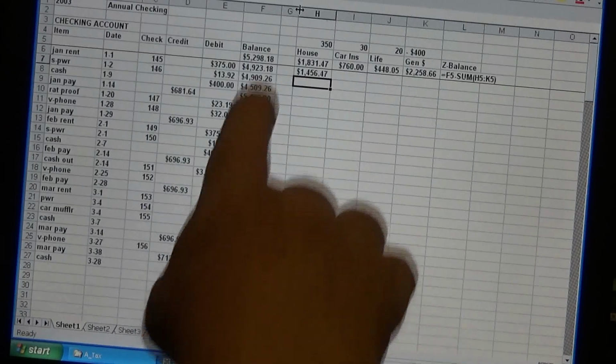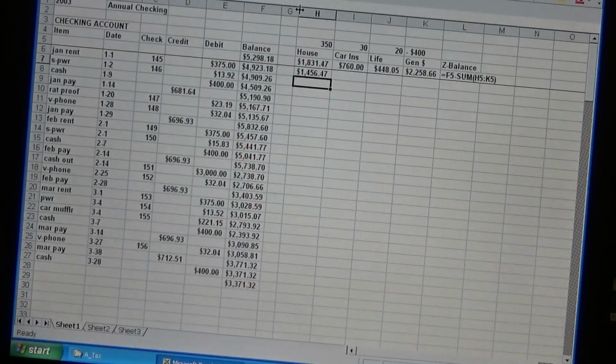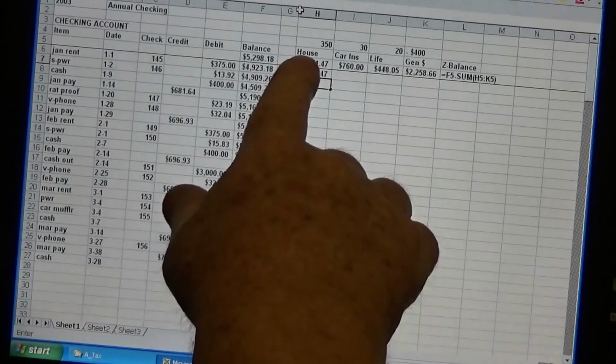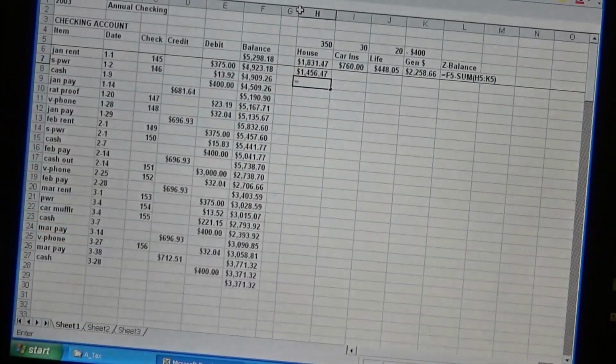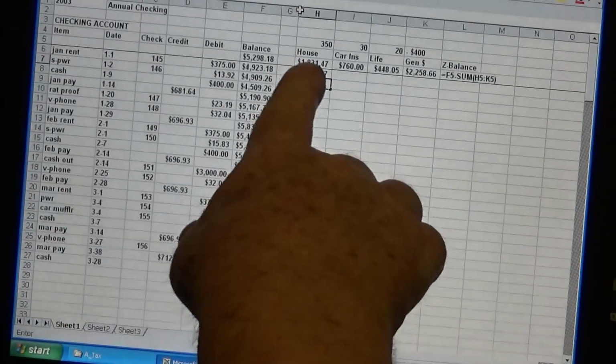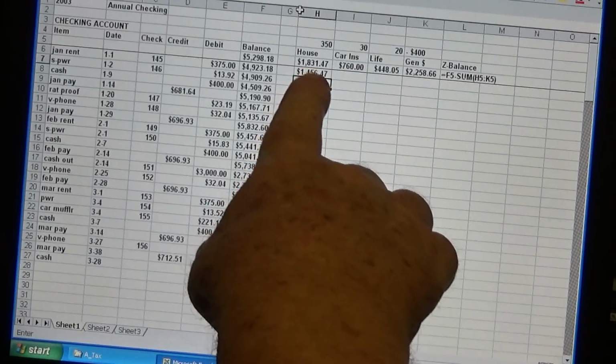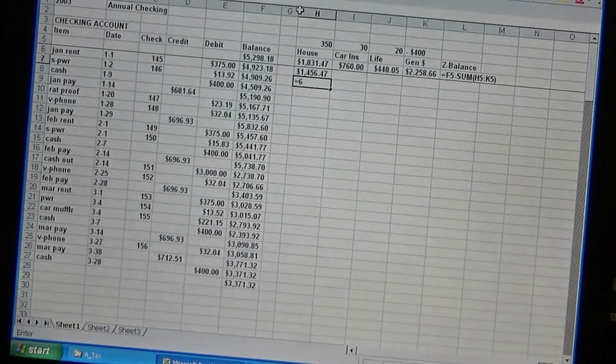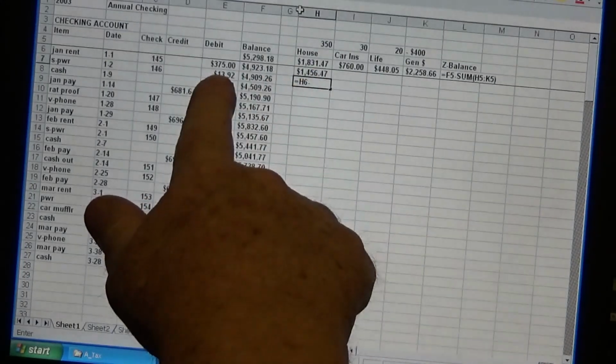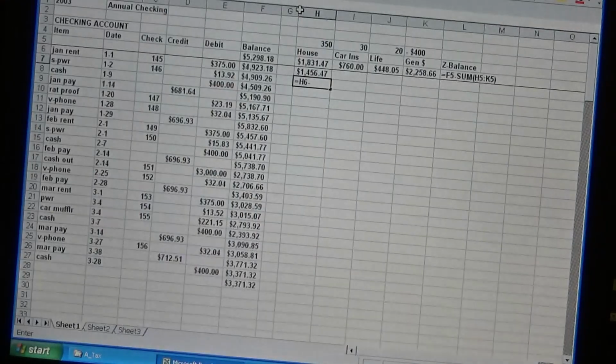The power, again, it's under the house category, is going to be equal to H6 now. That's the last entry in that column, H6. Back up, get the H in there. H6 minus E7.